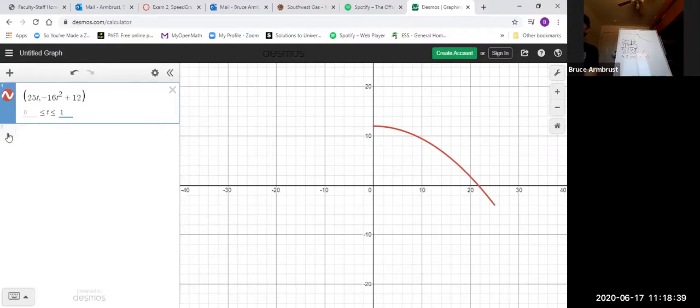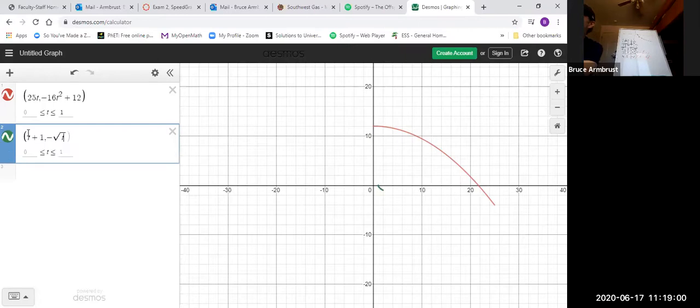So if I wanted to put in the one that we just drew, we'll see how this compares to the graph that we produced. We saw that x was equal to t plus 1. Okay, so we got our t plus 1. And then y was the negative square root of t. Right now it's got t from 0 to 1, so you notice that it's itty bitty teeny tiny.